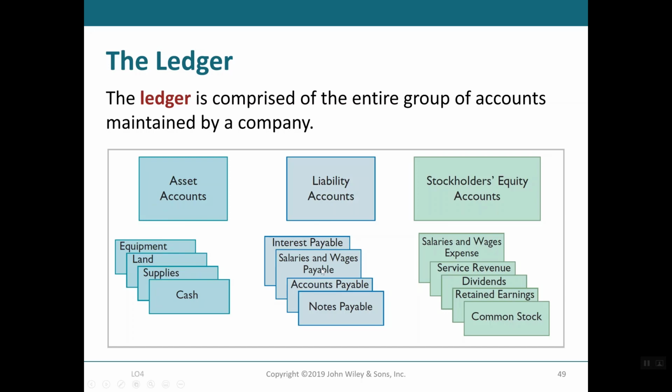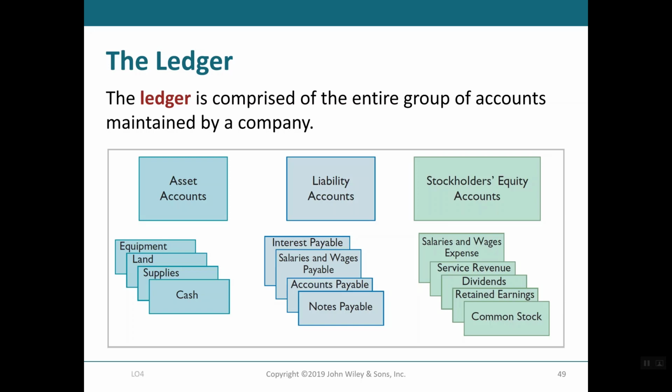Under liabilities, again, anytime you see payables, right? Payables are always liabilities. Don't even miss it. Liabilities, payables, okay? So we have the interest payable, the salaries and wages payable, accounts payable, notes payable. All of these are liability accounts, okay? And then we have the stockholders' equity accounts.